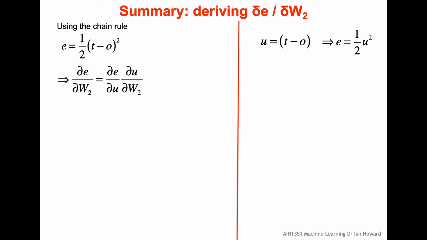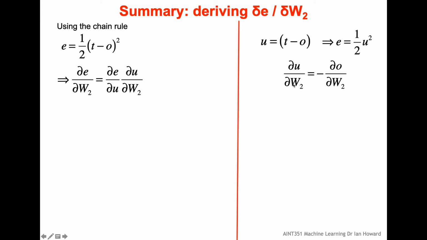So what we really care about is dE/dW2. We can split that up using the intermediate variable u that we've just defined, using the chain rule. So we can calculate dE/dW2 as dE/du times du/dW2. That's quite easy.